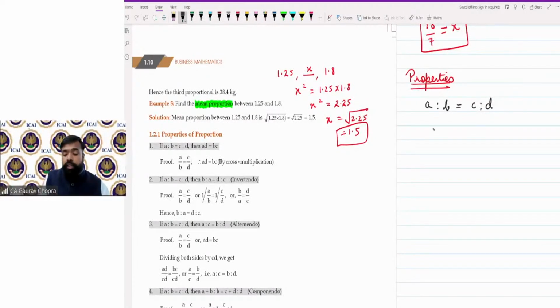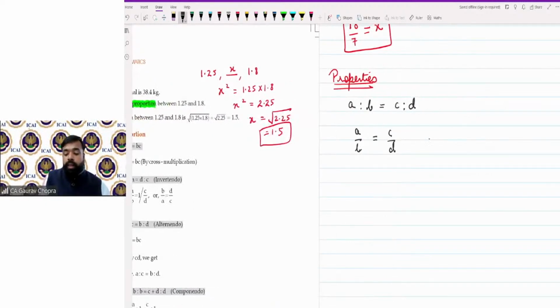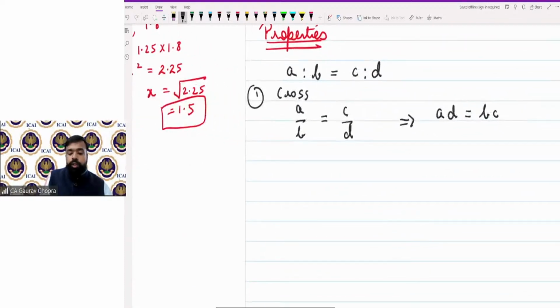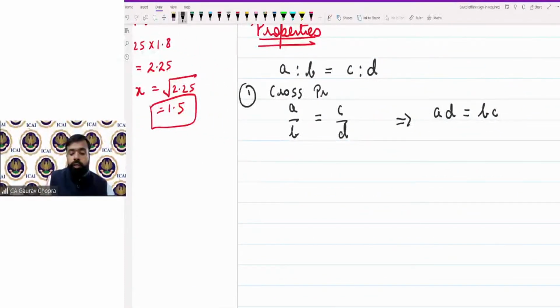So we had written A by B is equal to C by D. And using the cross product rule, we are getting AD is equal to BC. So this is the first property which is known as cross product rule. Now the second one.